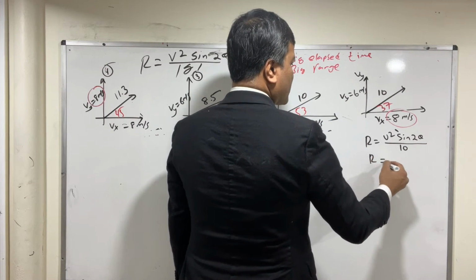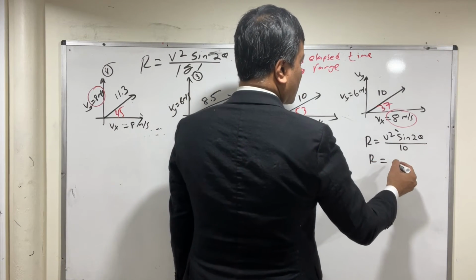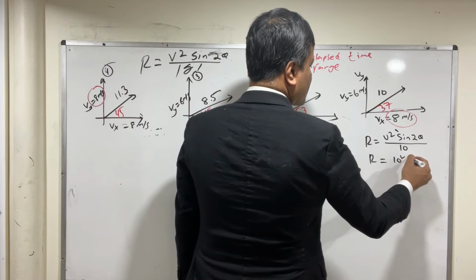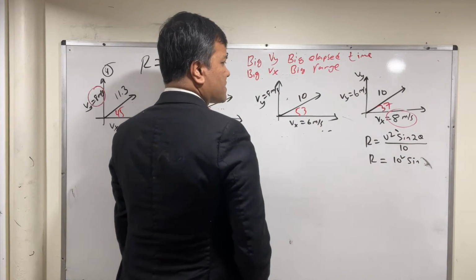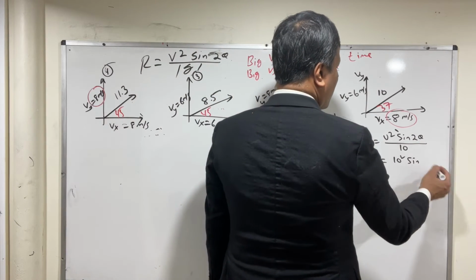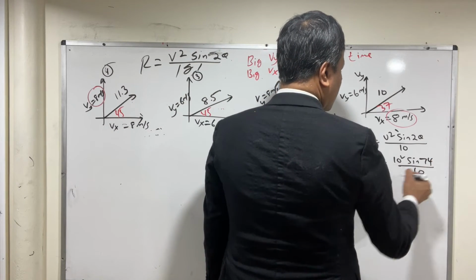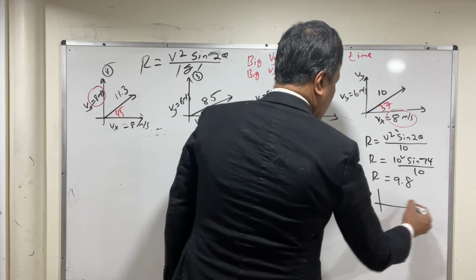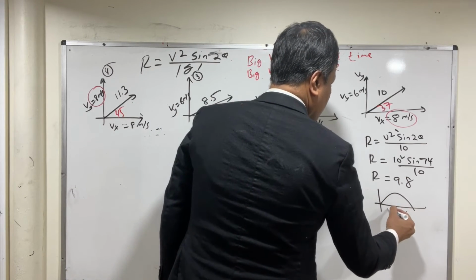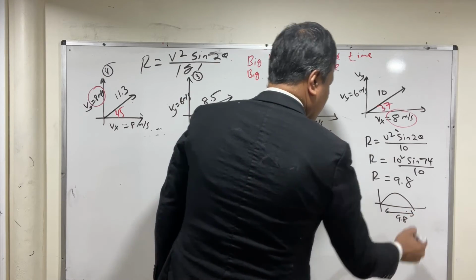So V square is 10 square, sine 2 theta, which is sine 74, over 10. So R is 9.8. So this is 9.8 range.